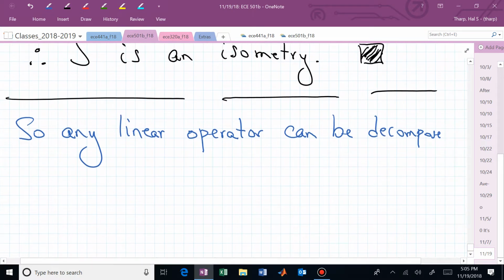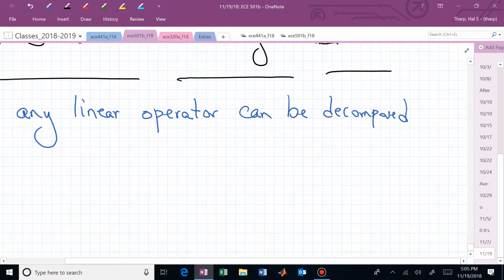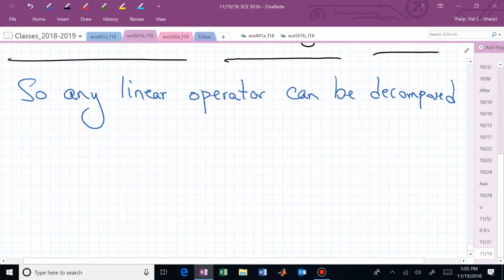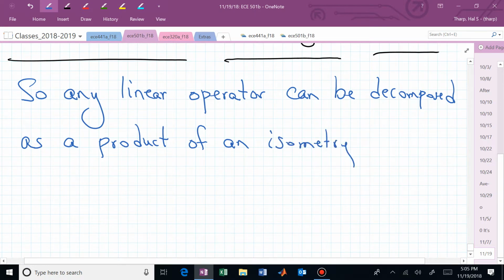Whoa, better be careful here. I'll lose everything. Talking about decomposing, they didn't like that, did they? So any linear operator can be decomposed as a product of an isometry and a positive operator.